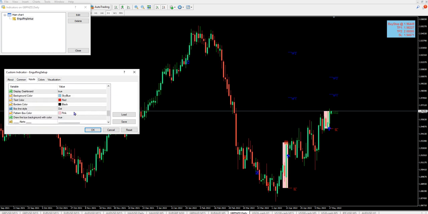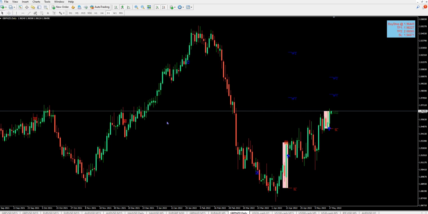So plenty to work with here. If you enjoy and find trading engulfing candles profitable for you, this would be a great indicator.